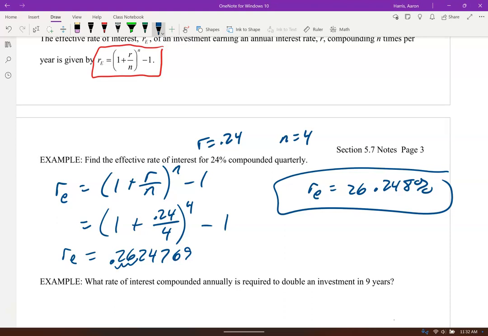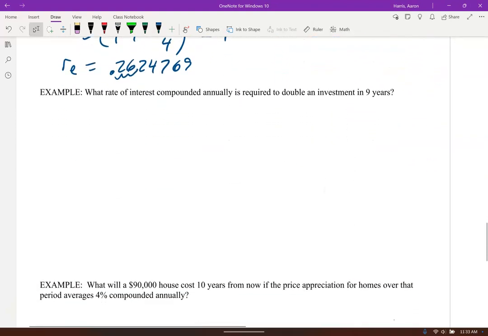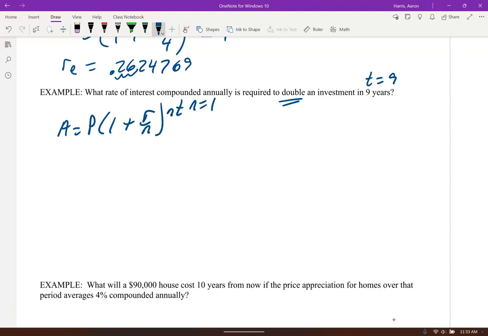All right, let's do a couple more here. What rate of interest compounded annually is required to double an investment in 9 years? Okay, so here's our compound interest formula. Whatever we start with, our P, we're going to end up with double our P at the end.